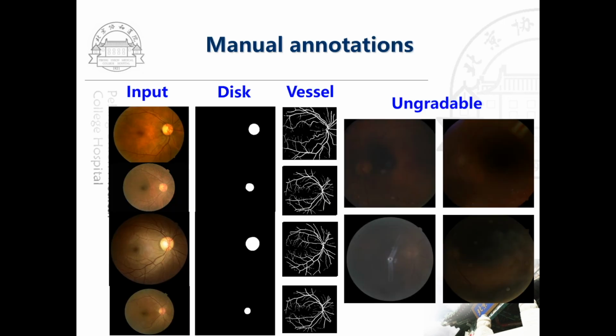To force the model's attention to the optic disc area, we manually annotated 40 images with optic disc and retinal vessels. 100 images with relatively poor image quality from the provided training dataset were selected.